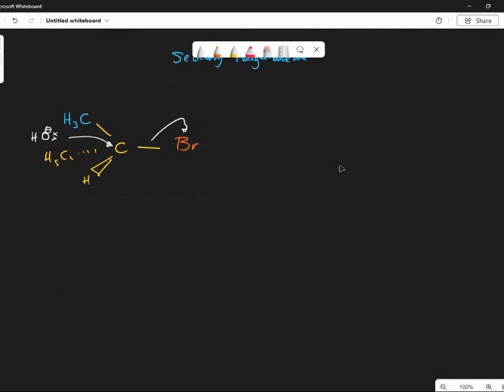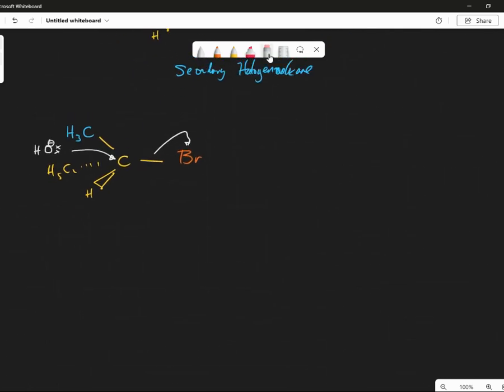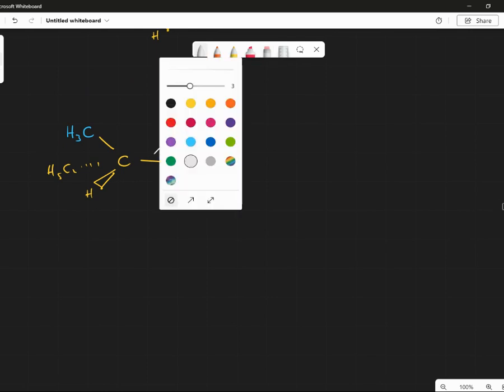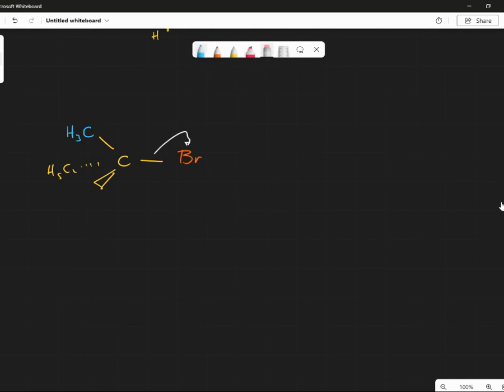And now I'm going to get rid of these words because it's confusing me. Now I want to change this into a tertiary. How do I change it into a tertiary? Well, I'm going to change it by getting rid of this and putting a CH3 here.